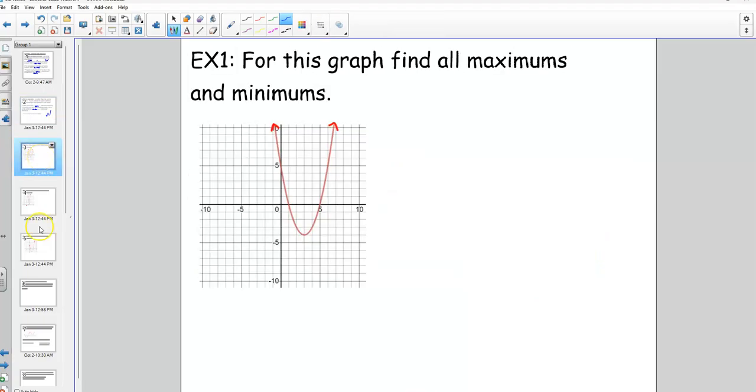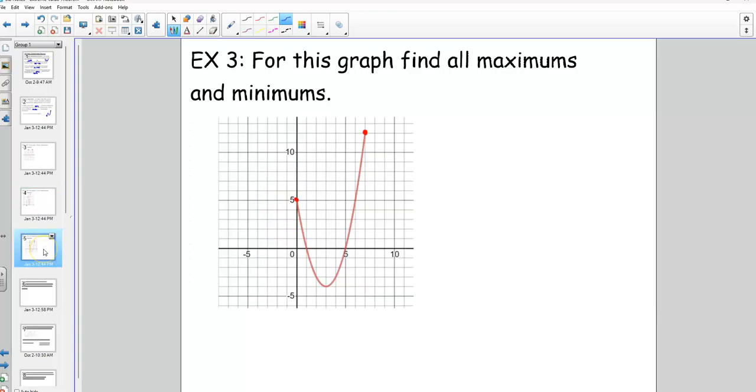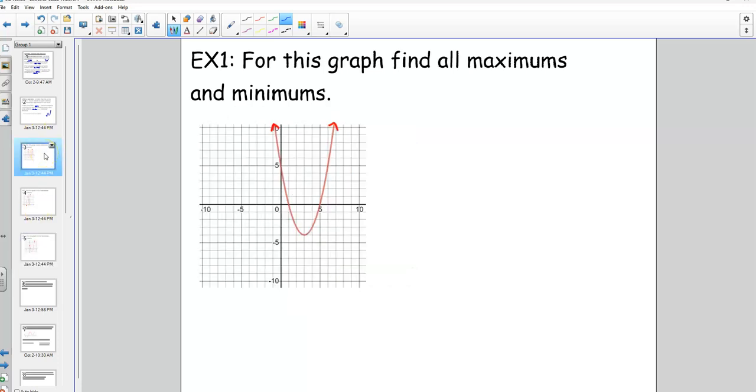So you guys have here 3 examples, and I want you to find all maximums and minimums for these. Let's just do one together because I want you to say it a specific way. So this one, do we have any maximums for this graph? We do not, because you cannot say infinity.